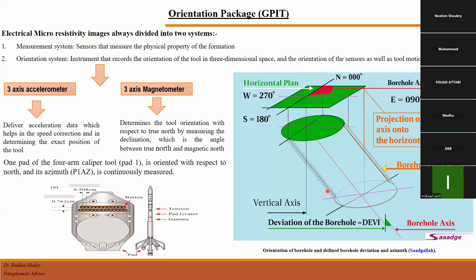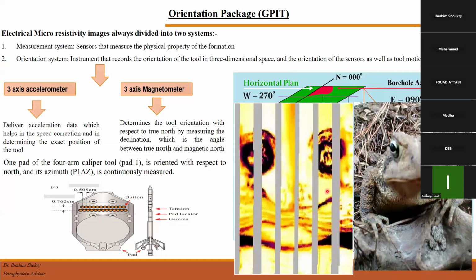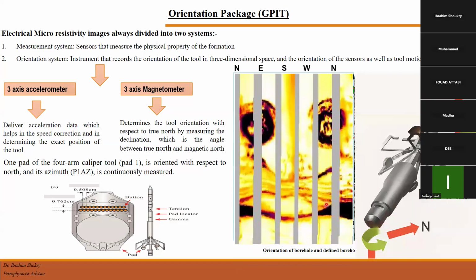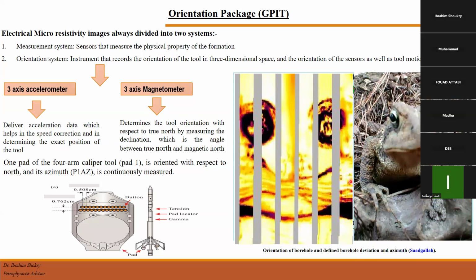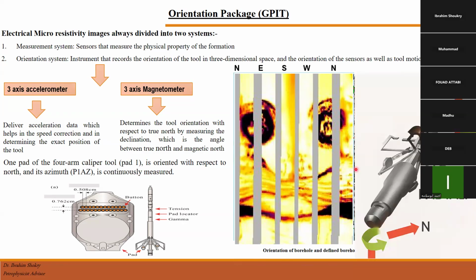The image we get from the measurement system, to know its orientation, we should integrate what's called the GBIT, or navigation system, or orientation package, and so on.